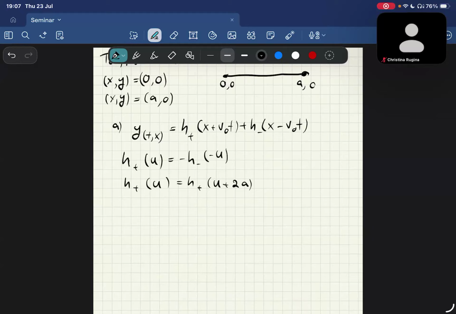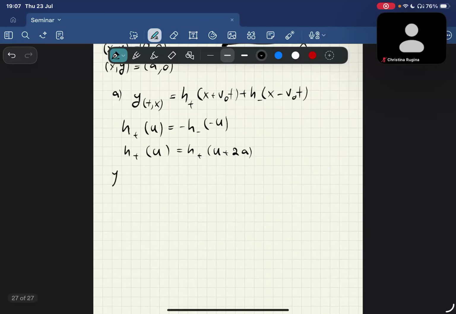These initial, boundary, not initial conditions, the boundary conditions are named Dirichlet. So when the points are fixed here, they can't move at all. They are Dirichlet conditions. That means that y of t, 0 is equal to y of t, a and is equal to 0.